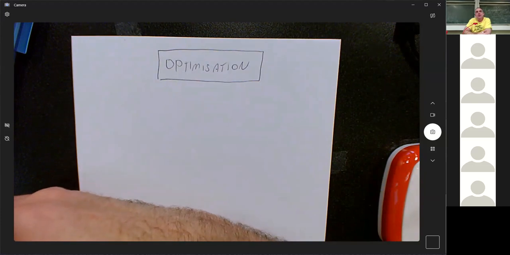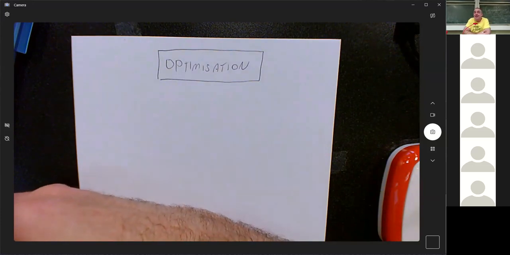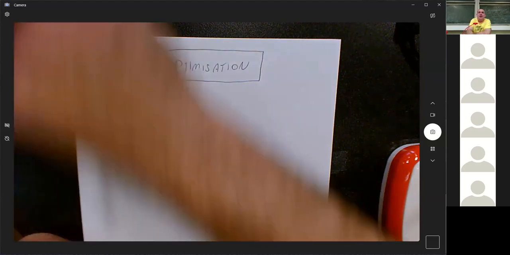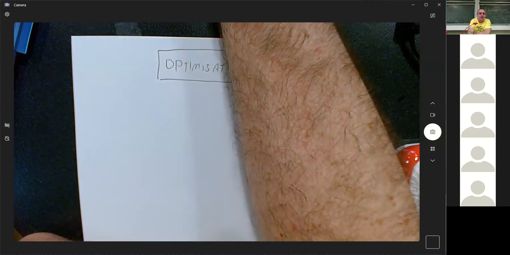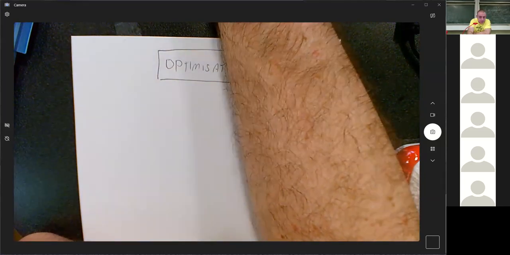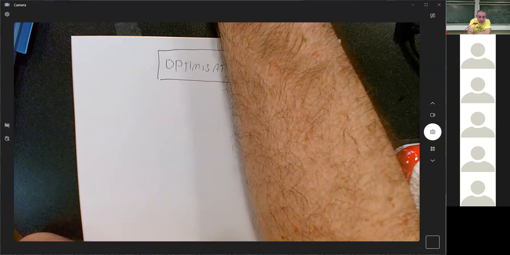There are 2 different kinds of optimization as far as I can see in this course: one of them is unconstrained and the other one is constrained. Is that the words that they use for it? Does that sound right? Global extrema.